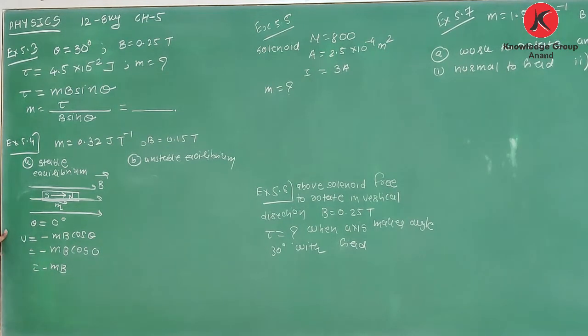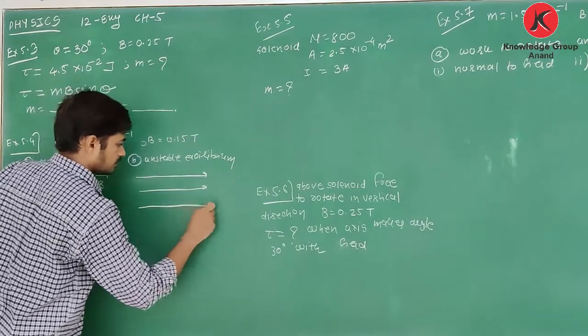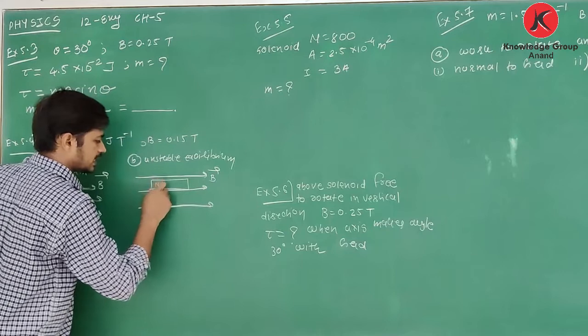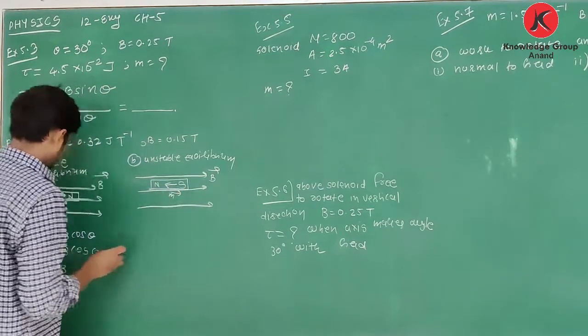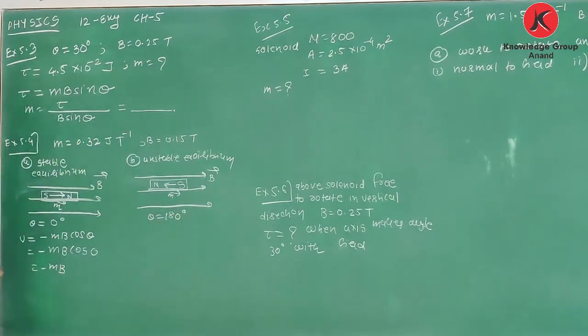Now in the case of unstable equilibrium, the magnet is placed such that the magnetic moment, from south to north, and the field are in opposite directions. So theta is equal to 180 degrees. What is U?